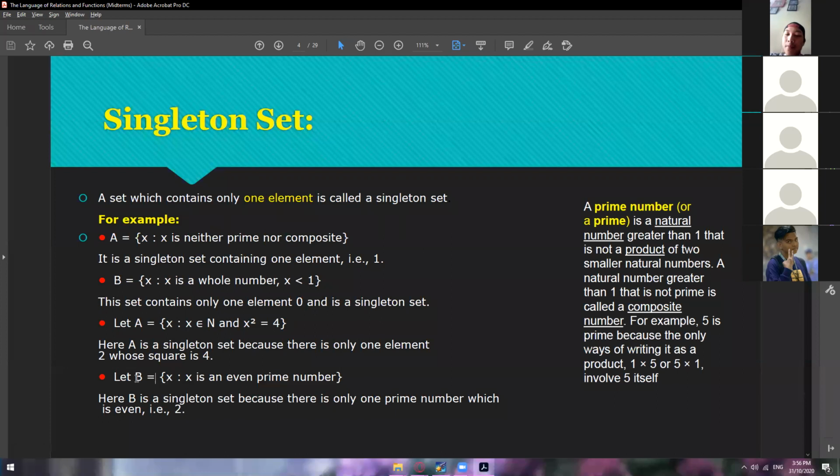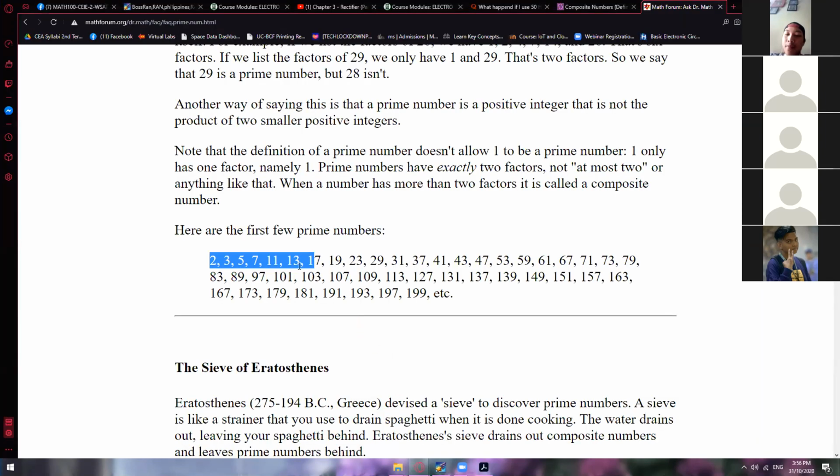Okay, so moving on, we have the last example. So set B. So set B, x is an even number, prime number. An even prime number. Okay, so iisa lang yung even prime number natin. Kung papansinin nyo, dapat alam nyo na to, which is 2. So balikan natin yung example natin kanina. Okay, so ito yung mga list of prime numbers.